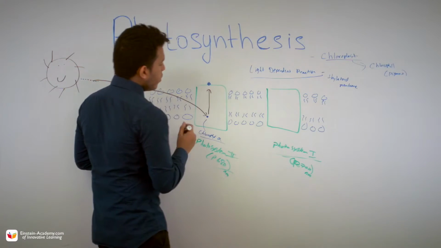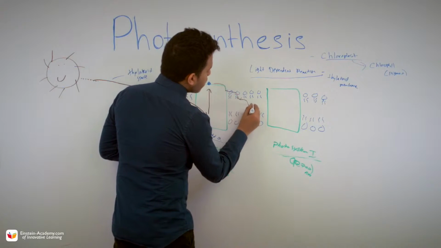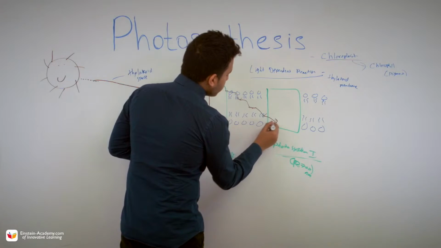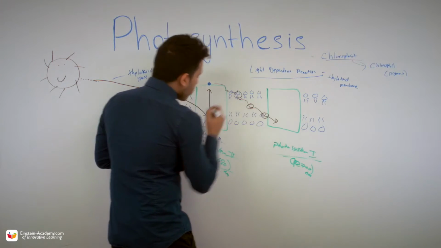So this guy over here is so excited, and it's going to start to travel down this chain. So we can draw our cytochromes if you really want to. Cytochromes.